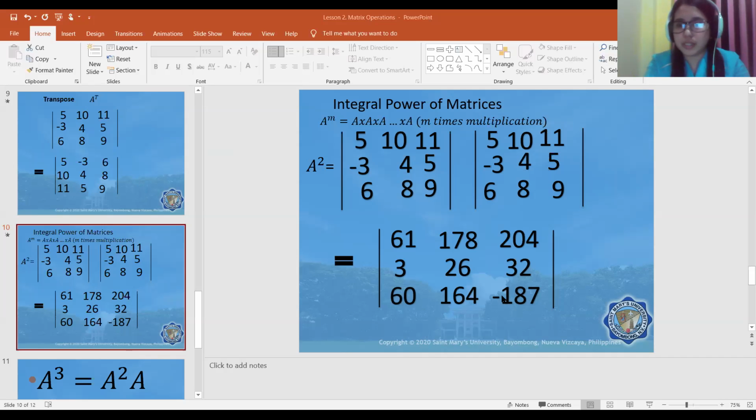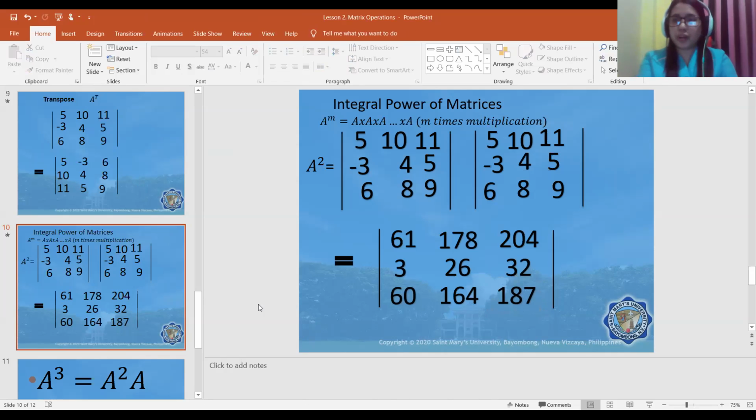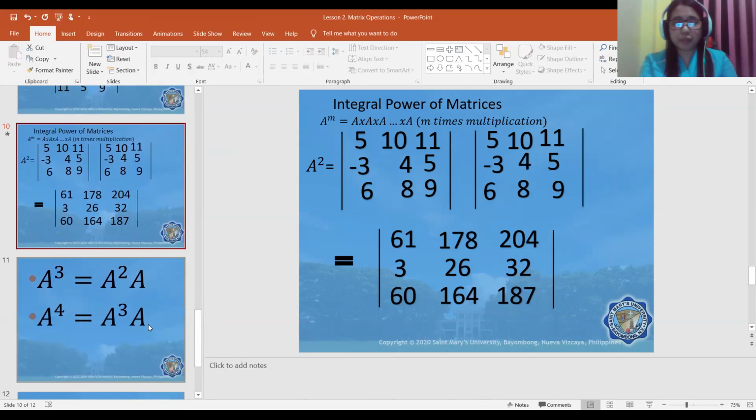So it is a positive 187. So in our next video, we are going to follow the same procedure, the same steps again, but for the next video, we will be using Microsoft Excel.